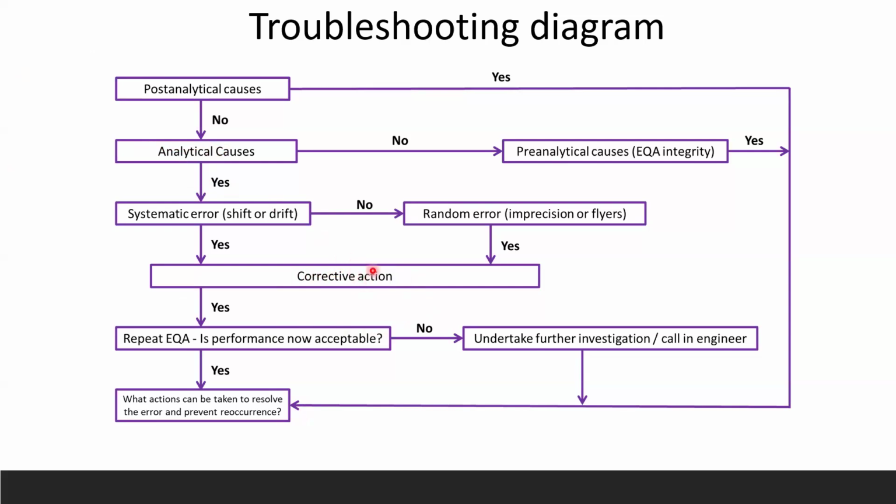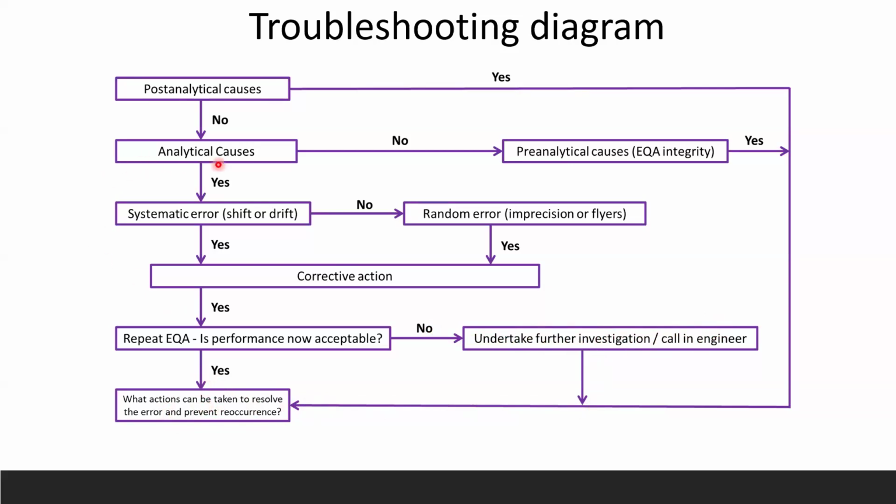We correct it, and then we repeat the EQA, and ask, is the performance now acceptable? If the performance is not acceptable, then we undertake further investigation, and we usually have to call the engineer. And once the problem is resolved, we summarize everything and think about how to prevent it happening in the future.